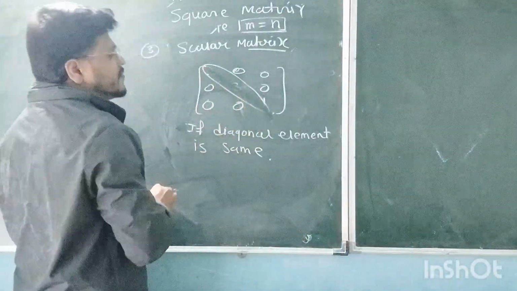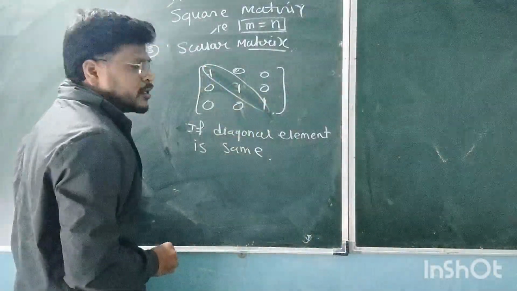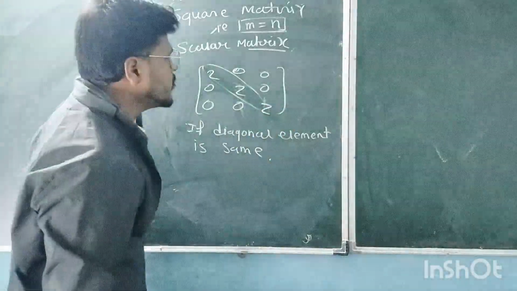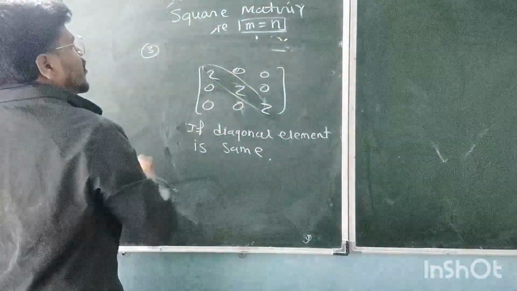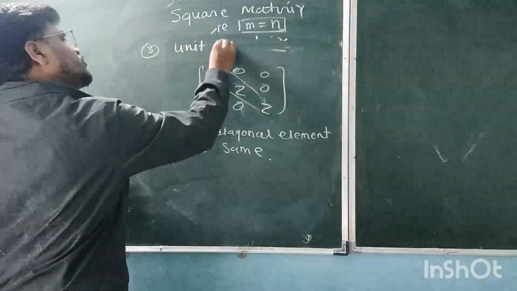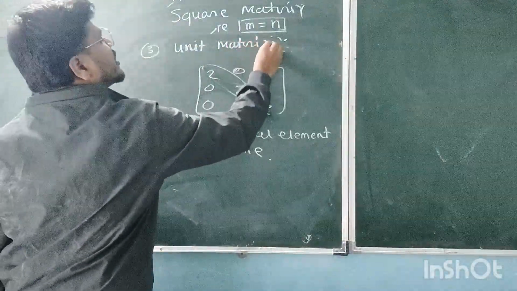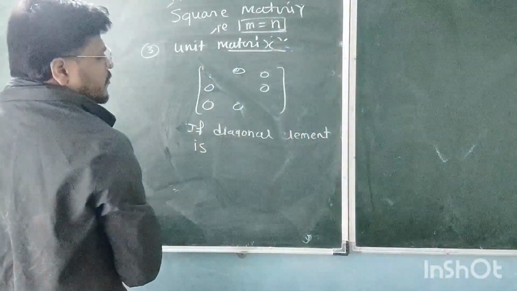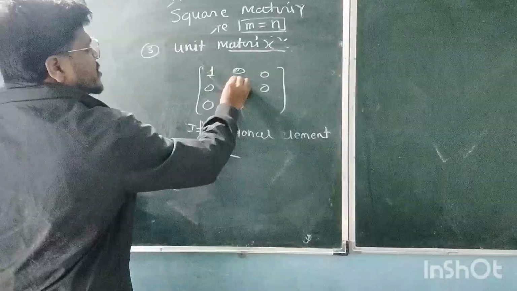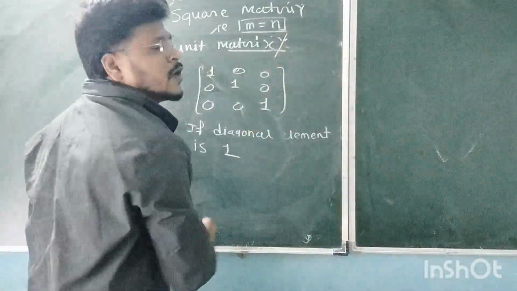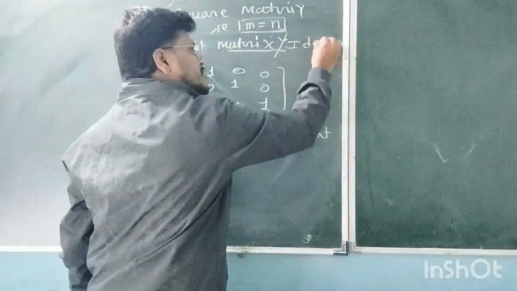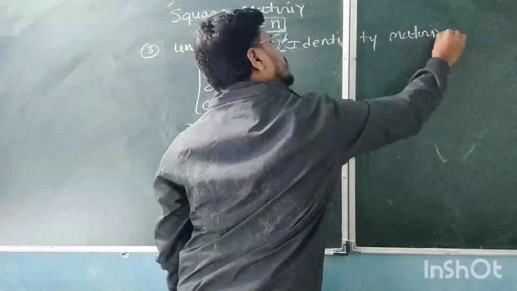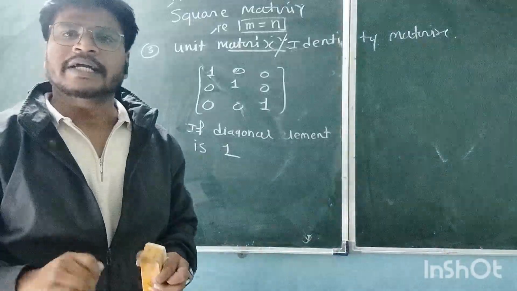This is the diagonal. If the diagonal elements are 1 1 1, or 2 2 2, then it is called a scalar matrix. Now come to the next type of matrix, called a unit matrix. It is a special type of scalar matrix. If the diagonal elements are all 1, then it is called a unit matrix. A unit matrix is also called an identity matrix.